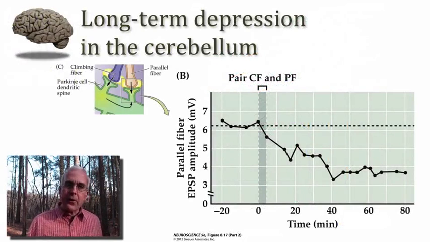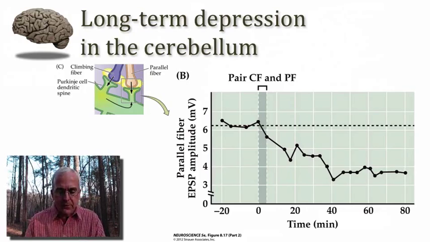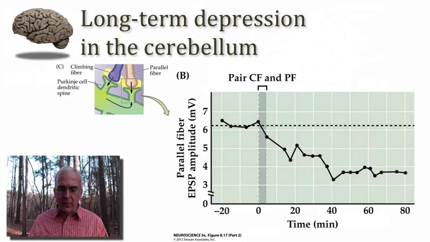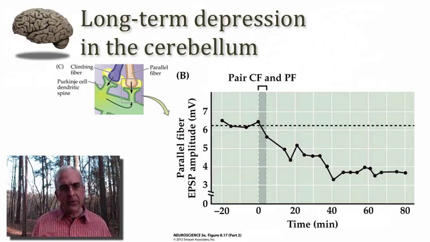And if we do an experiment such that we combine low frequency stimulation of the climbing fiber at the same time that we activate the parallel fibers, what we find is that there is a depression of the strength of the synapse between the parallel fiber and the Purkinje cell that is expressed over the next 10 to 20 minutes or so and can persist for a very long time. So the form of synaptic plasticity that we see here in the cerebellar cortex is long-term depression.